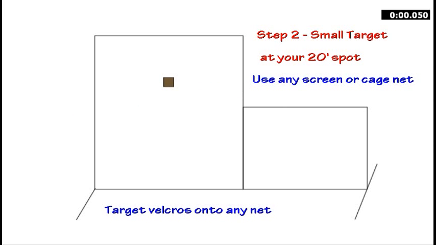Okay, so now once we've spotted that level, then we get a small little target. You can use this on an L screen, you can use it on a cage net. I use a curtain net that goes across, but you place this little thing at the exact same height that you just eyeballed a few minutes ago. And so now you have this at 20 feet away. So you throw your 20-foot bullpen, you throw a fastball in here, you throw a cutter in here, you throw a changeup in here.